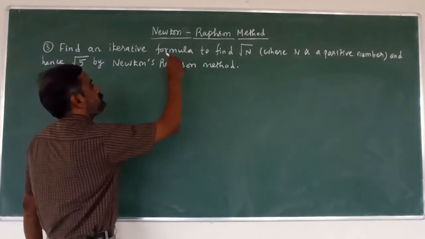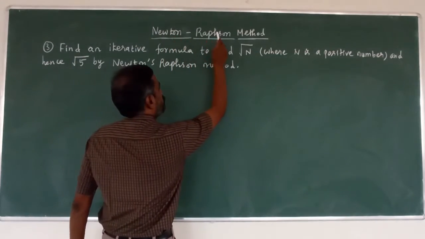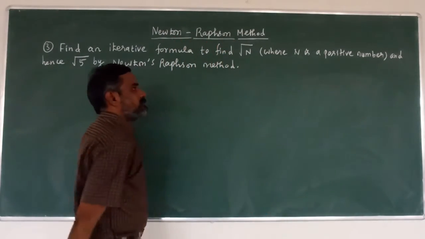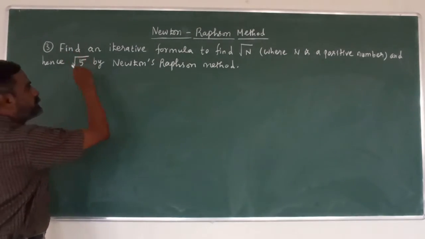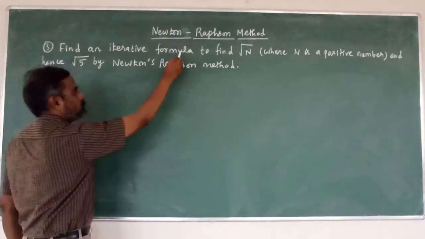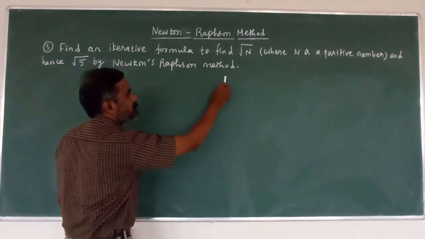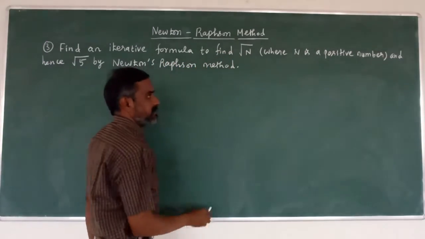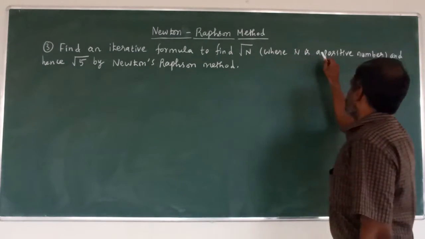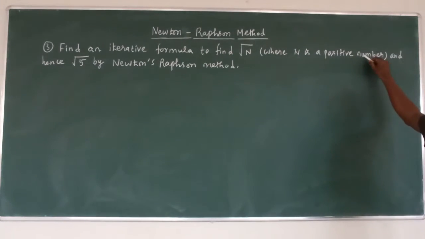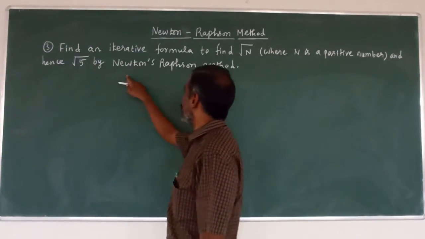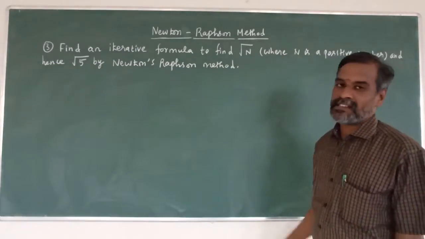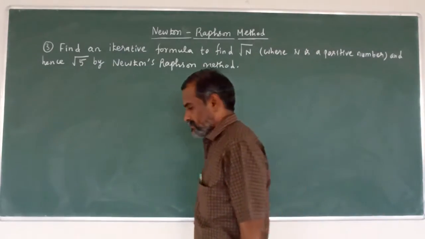We will discuss the Newton-Raphson method. Third sum: find an iterative formula to find the nth root, where n is a positive number, and the root of 5 by Newton-Raphson method.